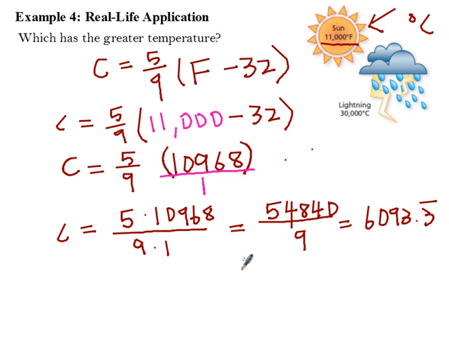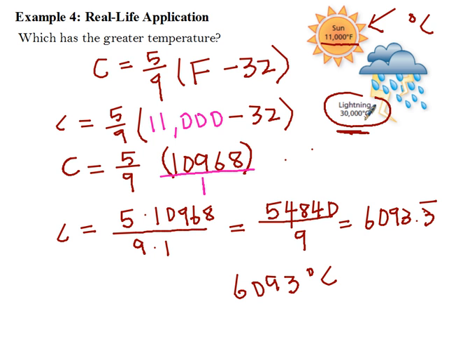Now, that means the sun is going to be 6,093 degrees Celsius. I'm just estimating, okay? I'm dropping that decimal and saying the sun is 6,093 degrees Celsius. If you compare that to the lightning, which has a greater temperature?